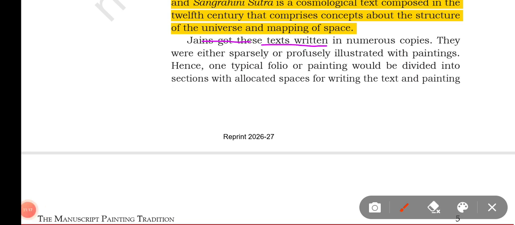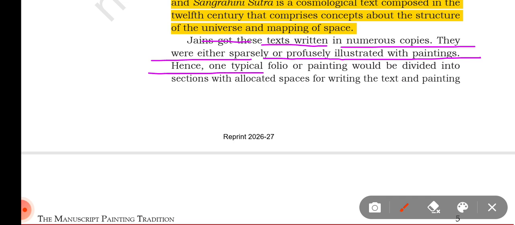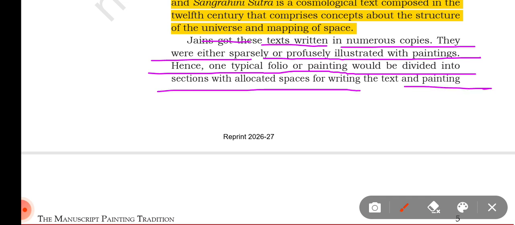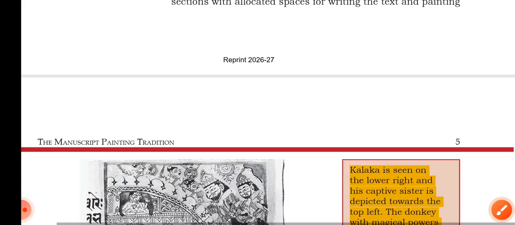Jains got these texts written in numerous copies. They are either sparsely or profusely illustrated with paintings, hence one typical folio would be divided into sections with allocated space for writing the text and paintings.